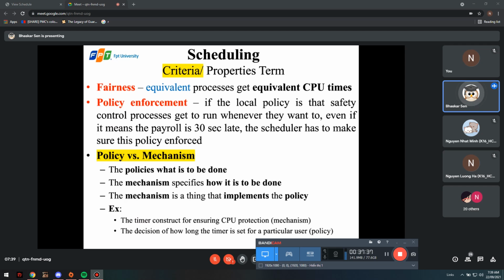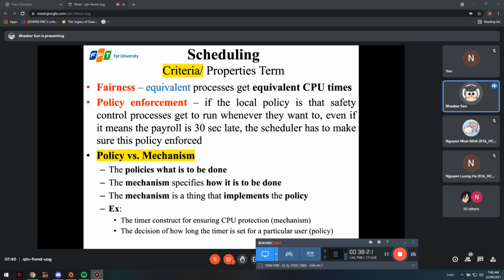These criteria we'll be using to evaluate the performance and the efficiency of those algorithms that we write, the scheduling algorithms. And of course, in different contexts, because as we understand, they are not all in the same category.